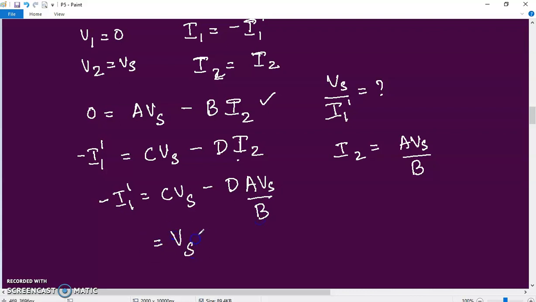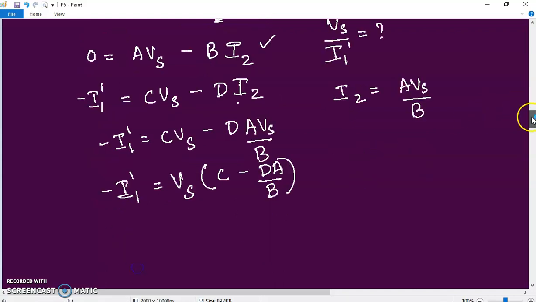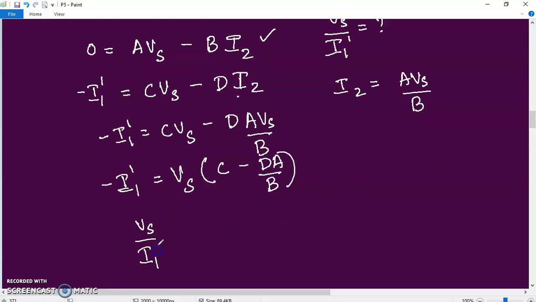So Vs into C minus DA by B, minus here. So Vs by I1 dash, we can remove this minus by taking it to this side, is equal to AD minus C by B. Sorry, AD by B minus C. This is the reciprocal of Vs by I1 dash.